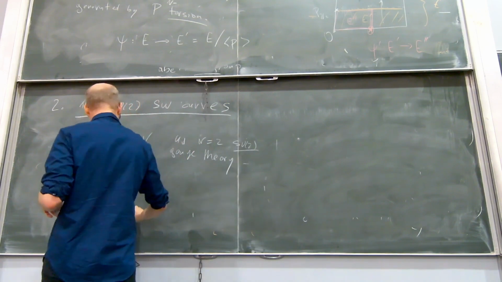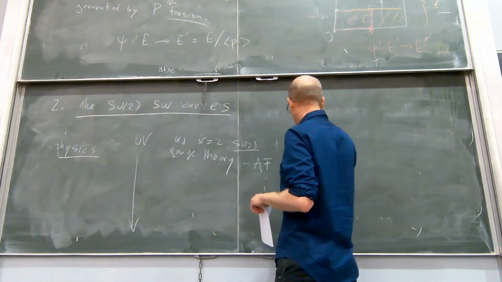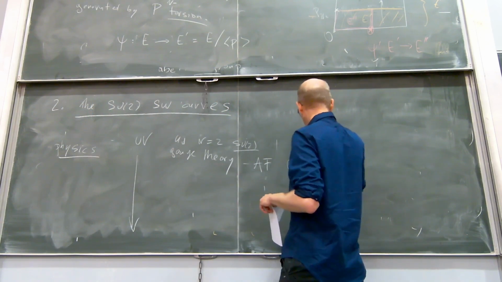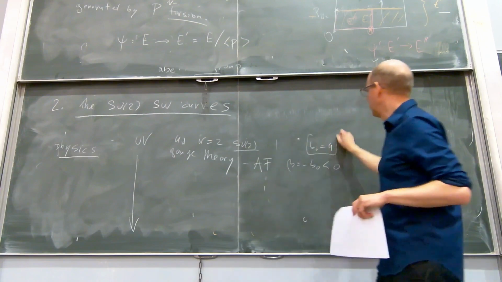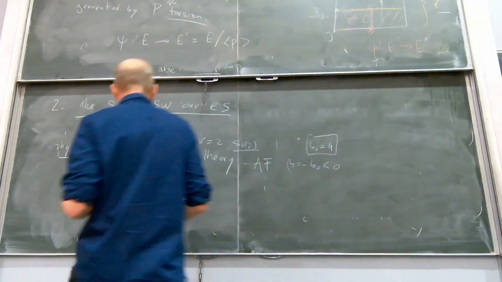And so this is asymptotically free. The beta function is minus b0, which is negative, where b0 is equal to 4, the standard beta function of pure SU(2) N=2.